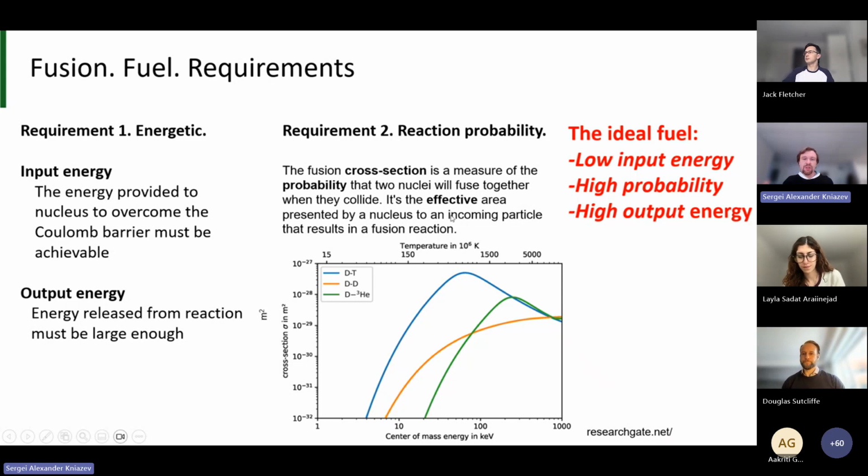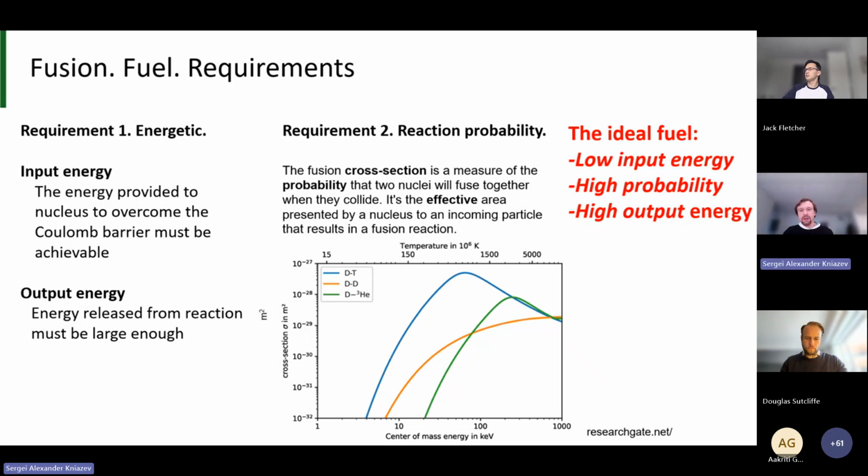Think about it as just probability, because if two nuclei, of deuterium and tritium, collide, they do not generate a fusion reaction 100% of the time. In 99.999% of cases, they will collide but not fuse. So we will take a look at this later.